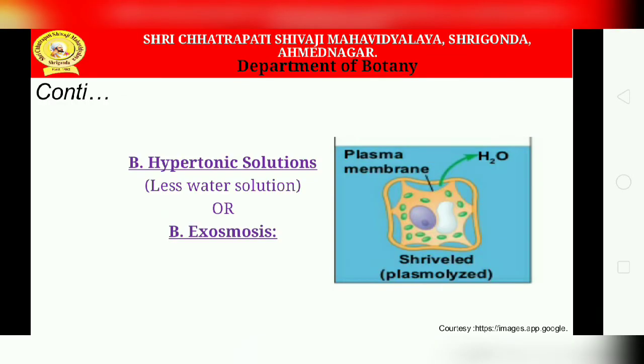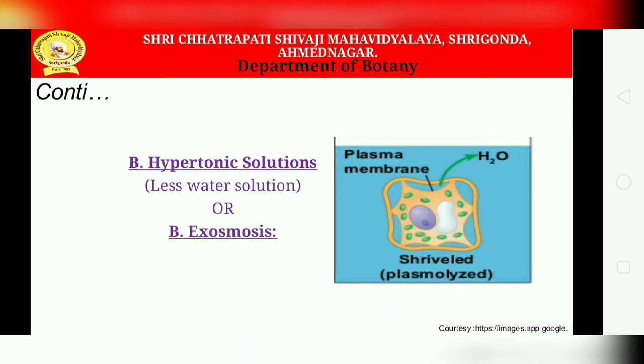This is the first type. The second type is the hypertonic solution, and the corresponding type of osmosis is exosmosis. In a hypertonic solution, the solution has a greater solute concentration than that of the cytoplasm.